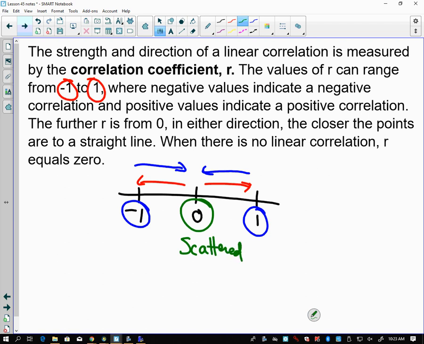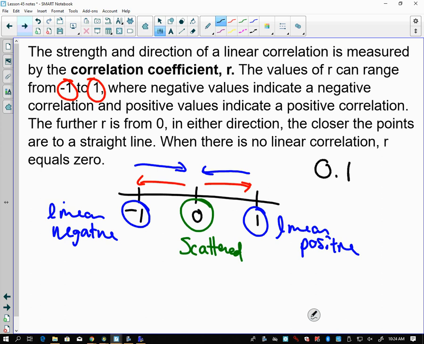So linear, positive, linear, negative, and as I get closer to 0, and this is where people get confused, let's say we have the number 0.1. Is that scattered or linear?